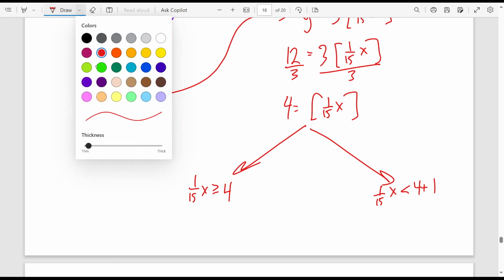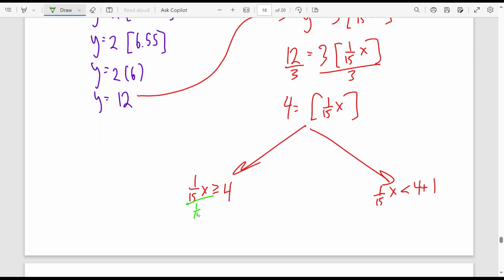Calculating this side is not that bad. Divide by 1/15 on both sides. X is greater than or equal to 60. I guess we're just multiplying by 15. And then I'll break this down a little further. 1 times 5, divide by 1/15.